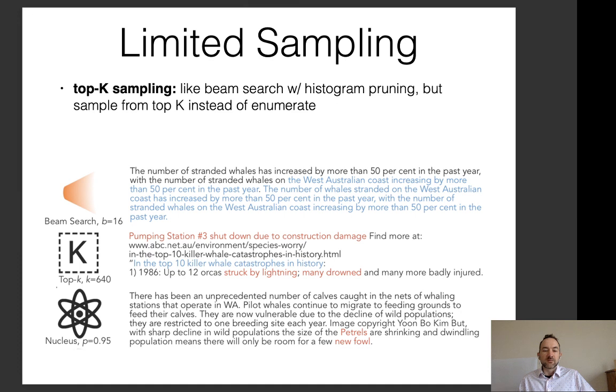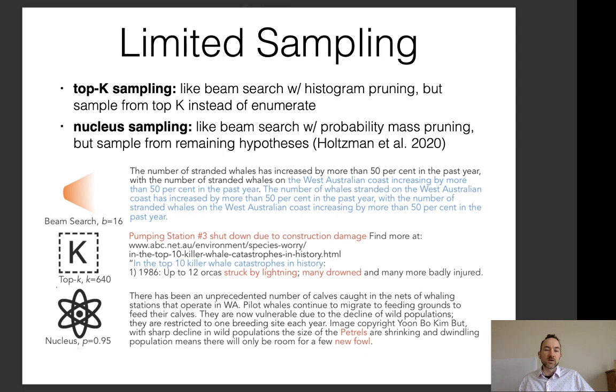Another variety is top K sampling, which is like beam search with histogram pruning, but instead of doing beam search, you're sampling from the top K examples. You filter out all but the 16 most probable ones and generate an output randomly.